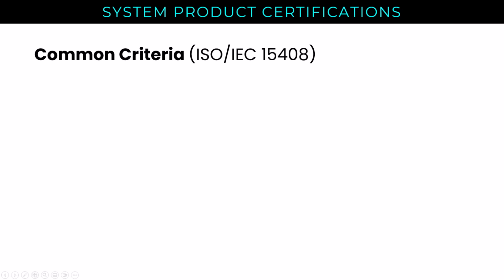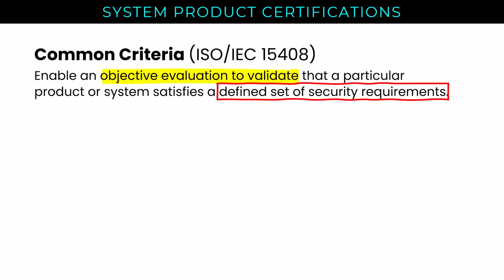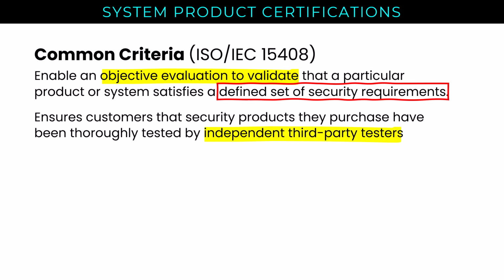Next up, we have ISO IEC 15408 Common Criteria, which enables an objective evaluation to validate that a particular product or system satisfies a defined set of security requirements. It ensures customers that security products they purchase have been thoroughly tested by independent third-party testers and meets customer requirements.